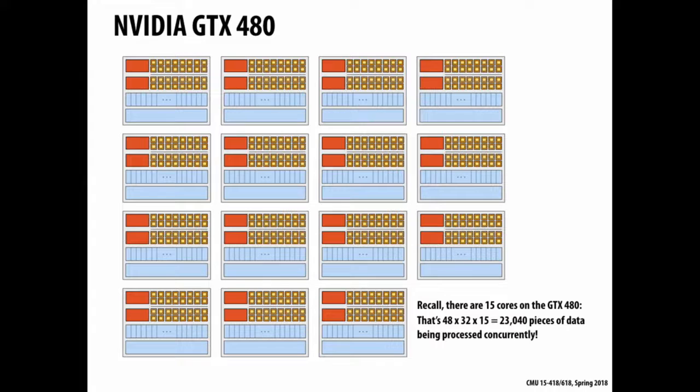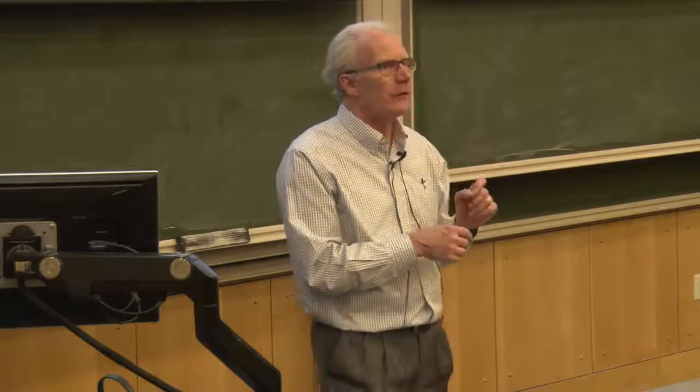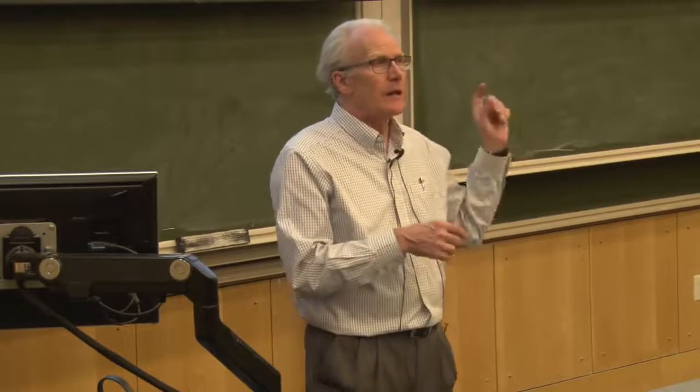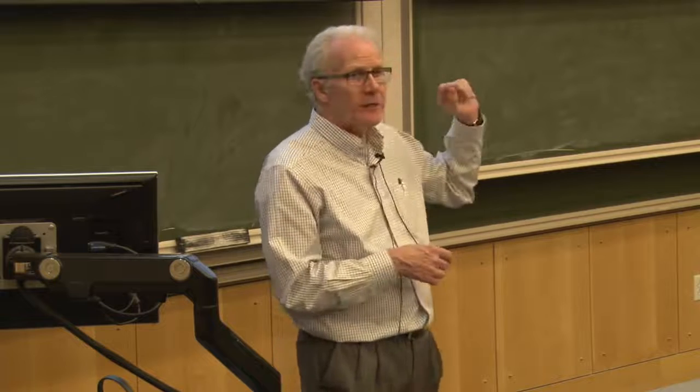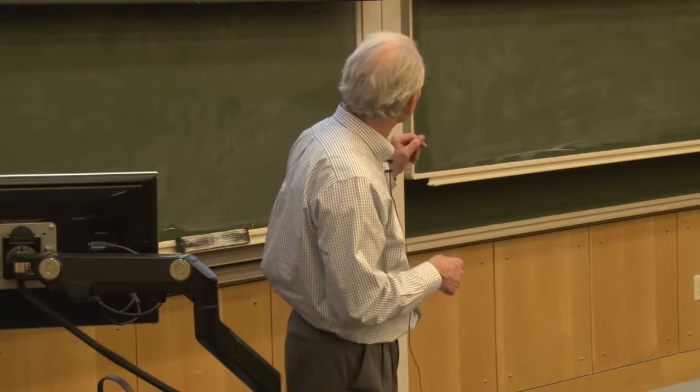And it can use the same latency hiding, meaning that if one of them is a 32-way read from memory, and that takes a while to complete, it can fill in with other vector operations that are ready to execute right away. So it's an extreme version of this throughput-oriented computing: essentially 48-way threading on each of these cores, and in the case of a 480, it has 15 of those cores.